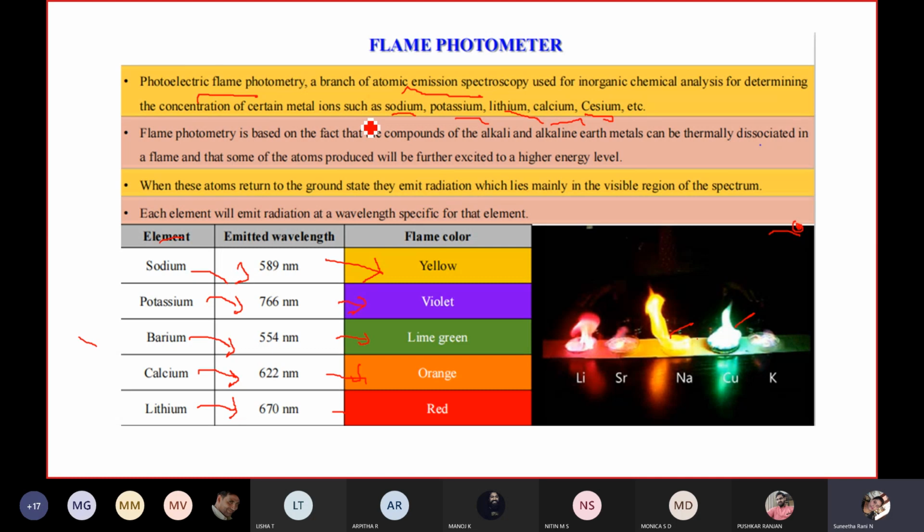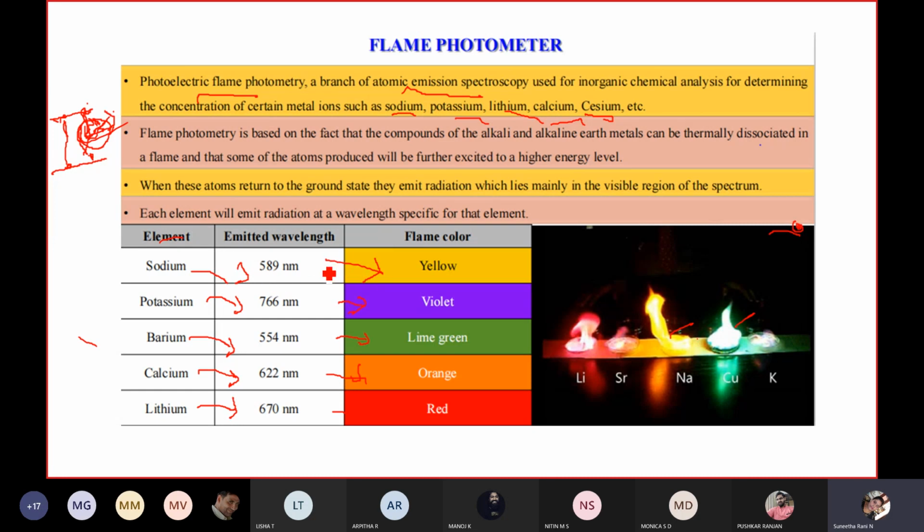When you heat atoms, they get excited to a higher energy level. While returning to the ground state, the atoms emit certain light radiations in the visible region at high temperature. During this return to the ground state, the energy is emitted at a particular wavelength, and you can see that color.